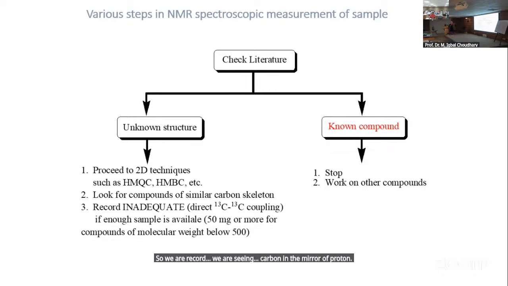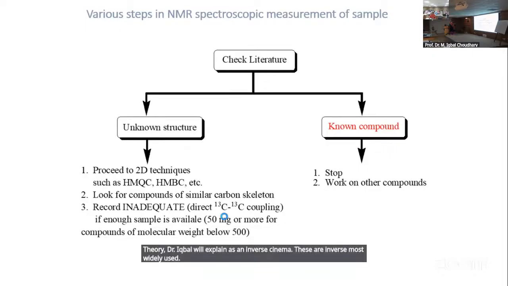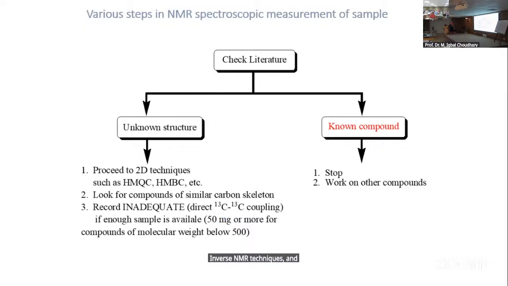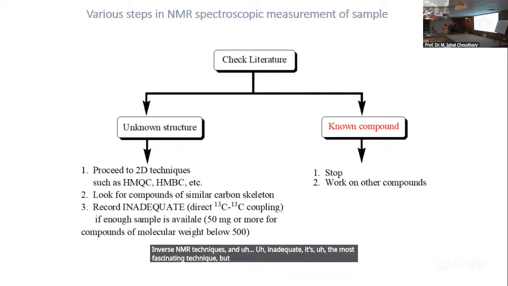Okay, so that is the easier way to put it, but we will be discussing the practical aspect, and the theory Dr. Iqbal will explain for inverse NMR. These are the most widely used inverse NMR techniques, and then there is INADEQUATE. It's the most fascinating technique, but extremely insensitive.